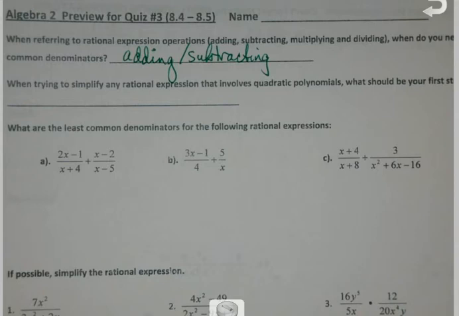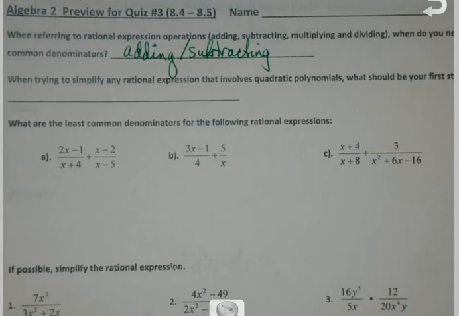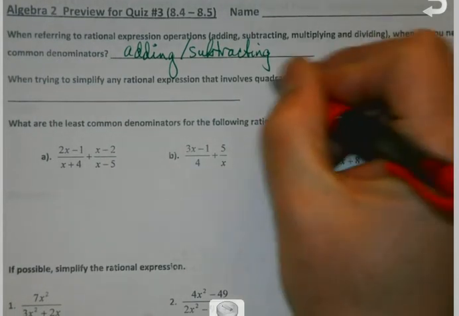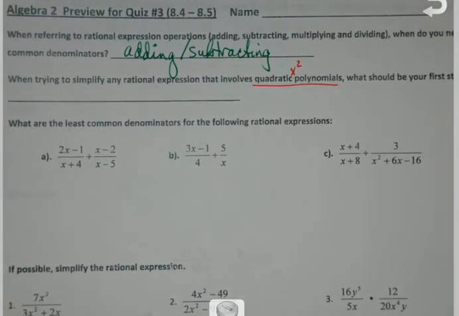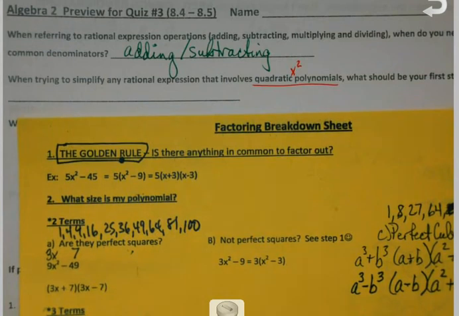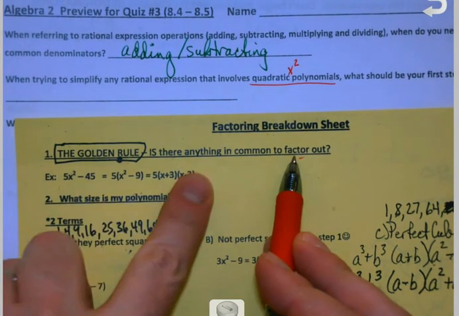So, just those 2. Then, for our second part of this one up here, when trying to simplify any rational expression that involves quadratic polynomials, which just means there's something squared involved, what should be your first step? Either way, golden rule, is there anything in common?